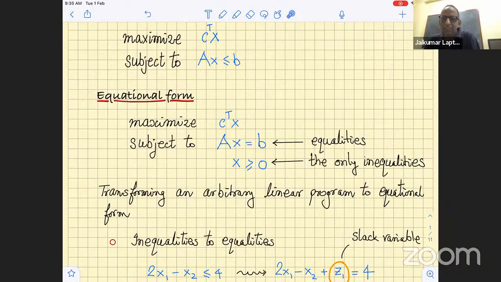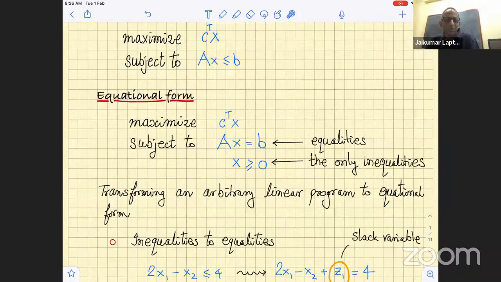So what happens in the equational form? The objective function still stays the same, c transpose x. The difference is in the constraints. All our constraints, or most of the constraints where this matrix is involved, have to be in equality form. The only inequalities appear here. It's very strange.